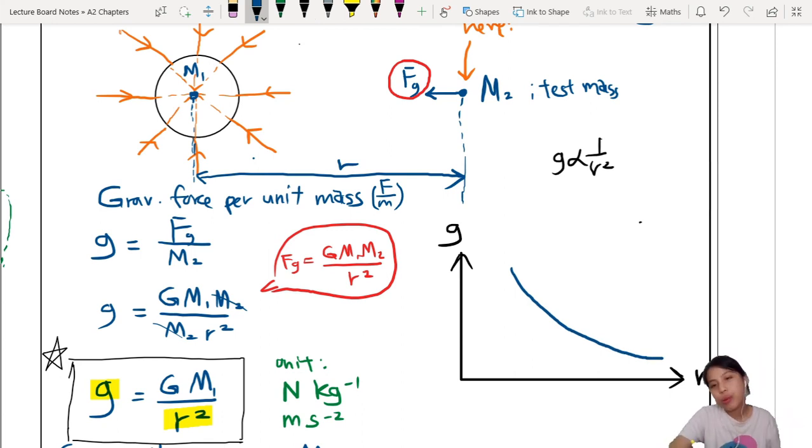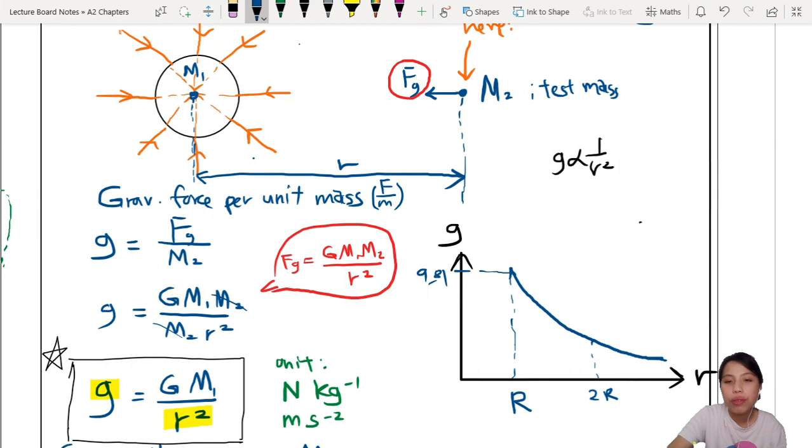It's going to keep going. So for example, let's start off with this point. This is at the surface of the Earth. So that's r. And we already found the value just now, that's 9.81. As we go further and further, let's say we go to 2r, 2 times the radius of the Earth.